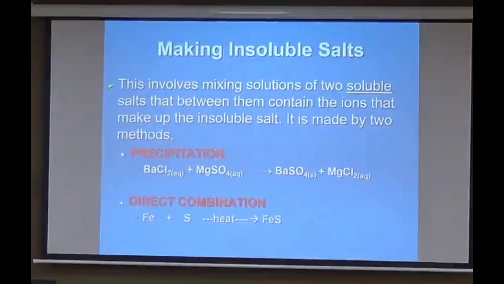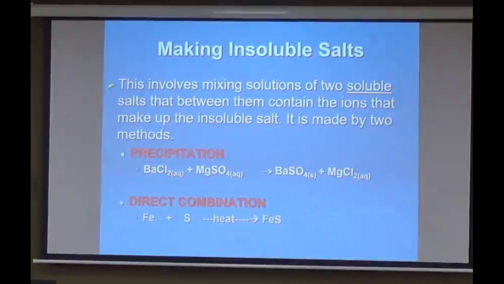Now, the next important category is precipitation reactions. These are where the salts formed are insoluble salts, meaning they appear in the solution in the form of precipitates, that is insoluble solids. This involves mixing solutions of two soluble salts that between them contain the ions that make up the insoluble salt. The first one is a precipitation reaction, where you have the salt in the form of precipitate.